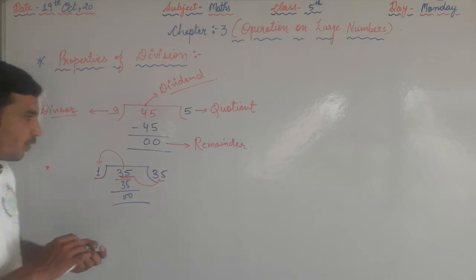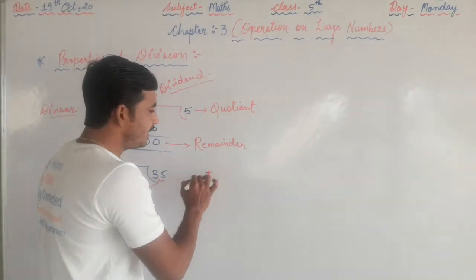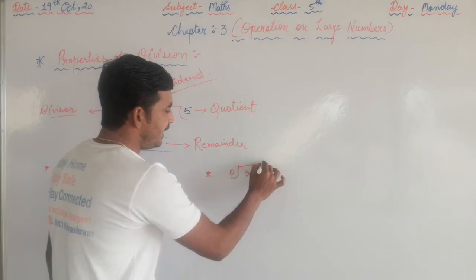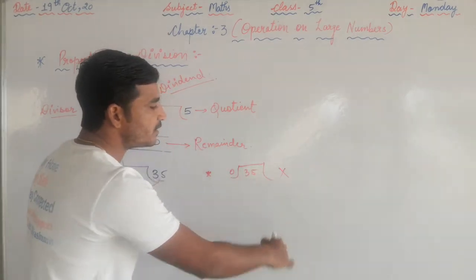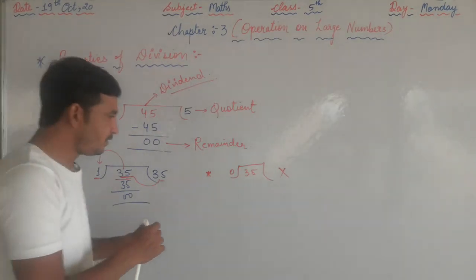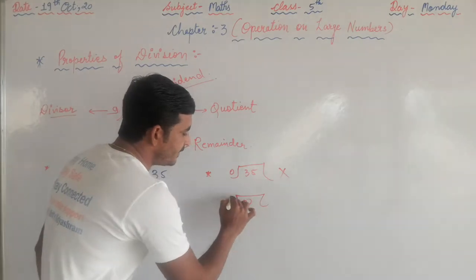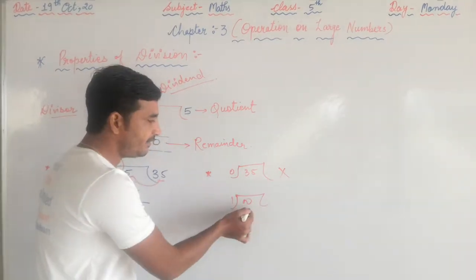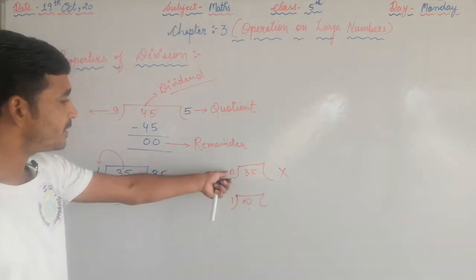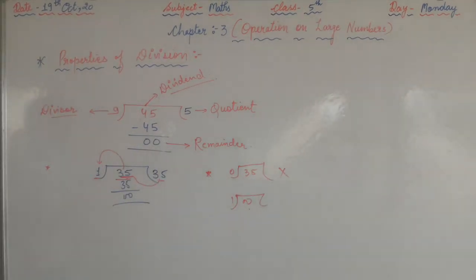Next property: we can't divide any number by 0. It's not possible. We can put 0 in the dividend, but we can't put 0 as a divisor. It's not possible in the divisor. Now see the next property.